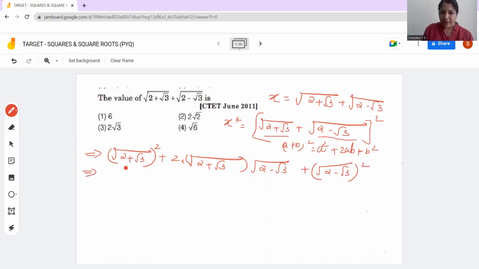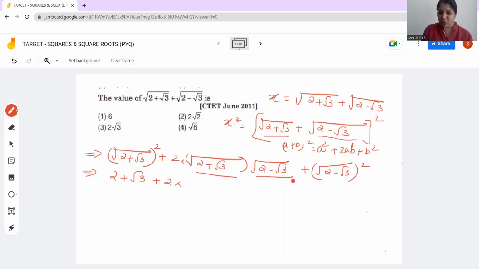So what do you get? When we square a number under the radical sign, the radical sign eliminates. So here it becomes 2 plus root 3 plus 2 into square root of 2 plus root 3 into 2 minus root 3.